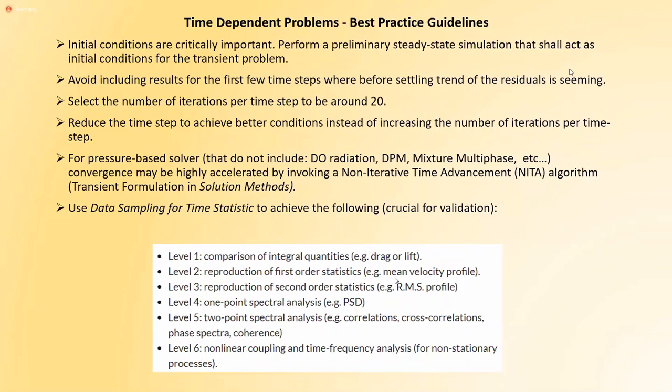That's what we get, I mean, the mean velocity. We can calculate integral quantities like the integral of the pressure distribution over the wing, but we don't get second order statistics or PSD, because we don't have any turbulent content.